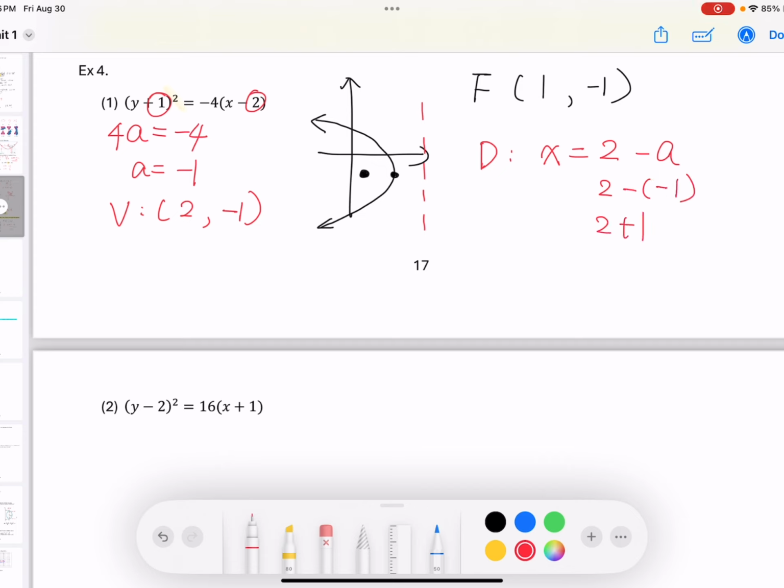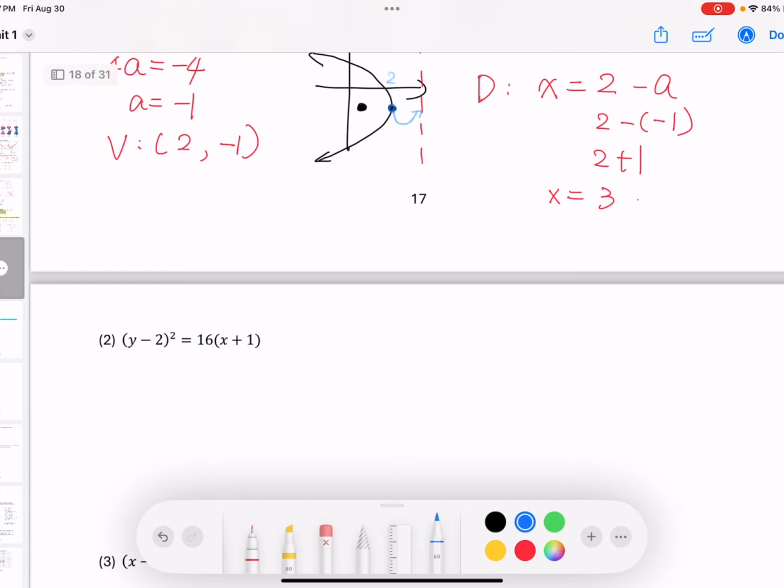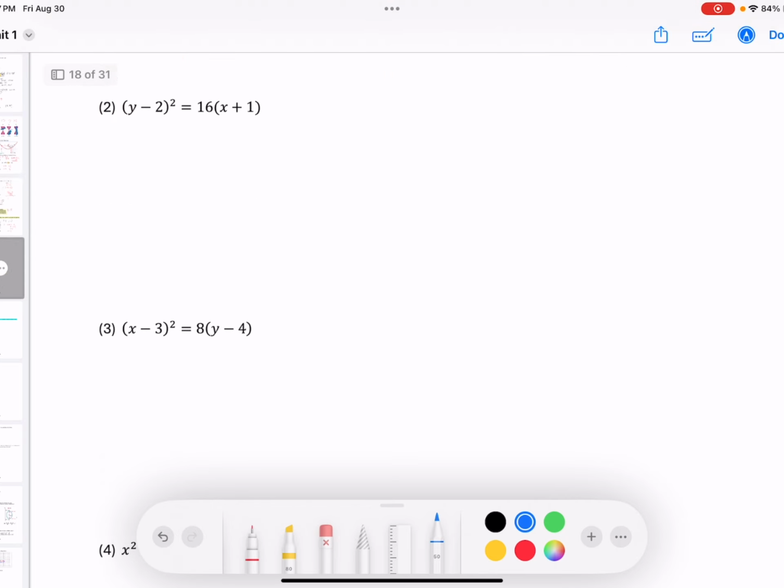So the directrix is x equals 3. You can also use this method: this point has x value 2, and I move to the right 1 unit because the absolute value of A is 1. So this line must have x value 3 because the x value increased. So x is equal to 3. It's up to you to use the formula or the graph to decide the focus and the directrix.